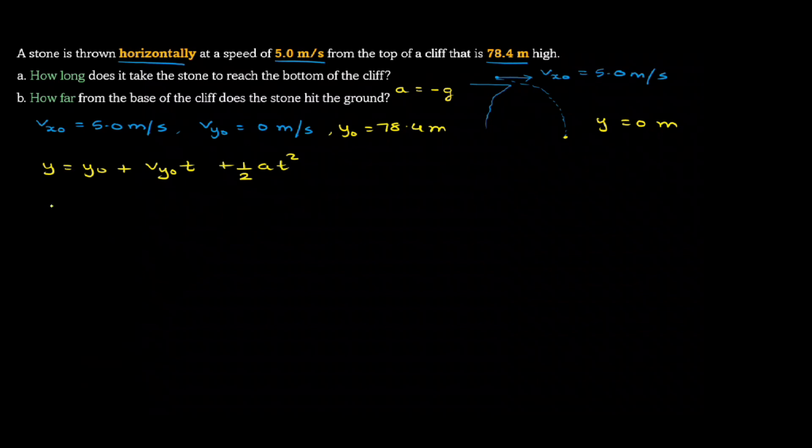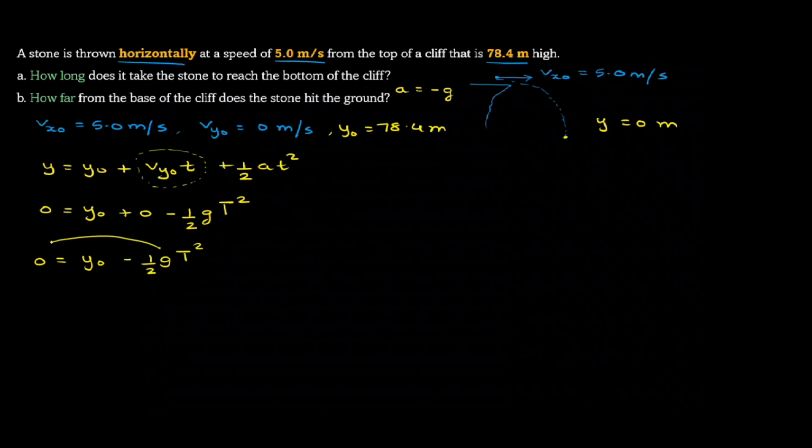So we write y equals 0 equals y0. Initial velocity along y-axis is 0, so we can write this term as 0. A we will replace with negative g, so this term becomes minus half g. Small t we will write as capital T to denote as time of flight, the total time of flight. Then we get 0 equals y0 minus half gt squared.